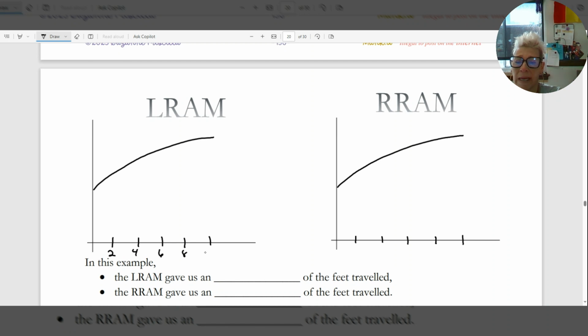So I'm just recreating the same graph we had in part 1. This time I'm just going to label my curve with the velocity values. So this is our V of t, and this is our t.